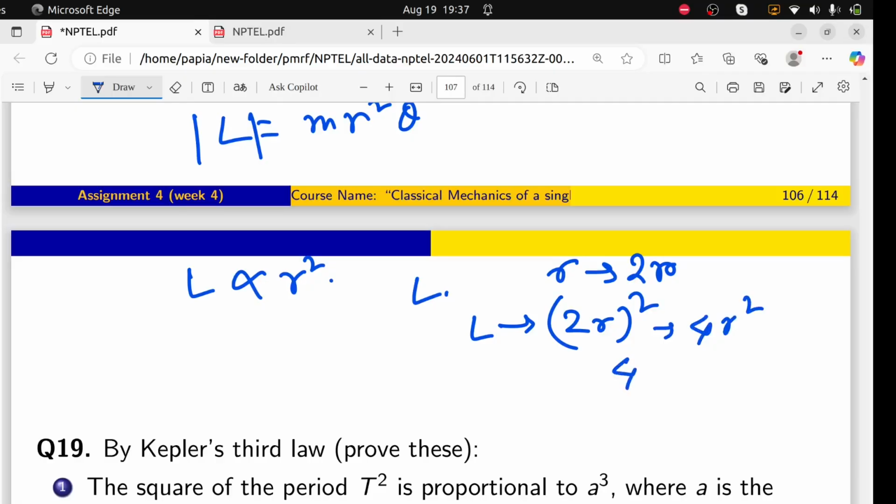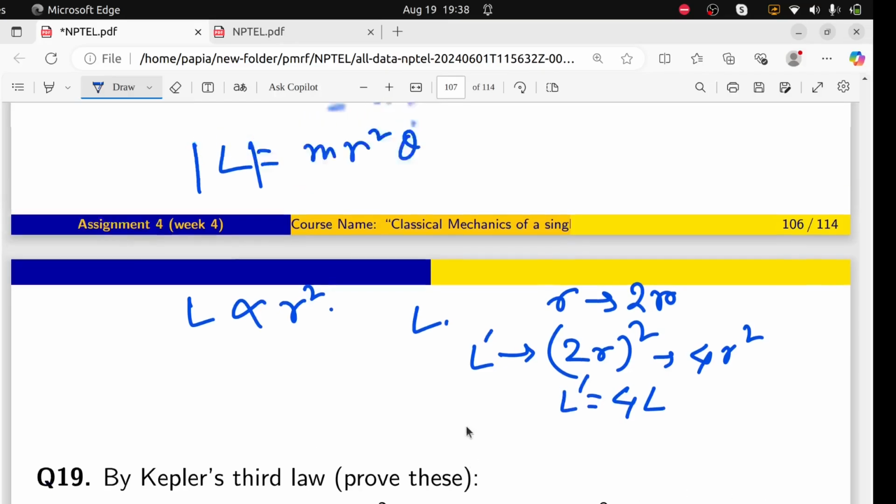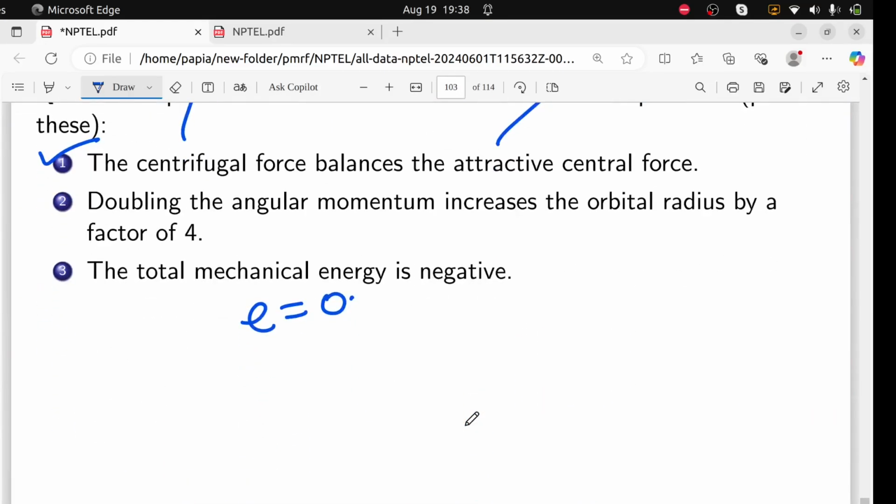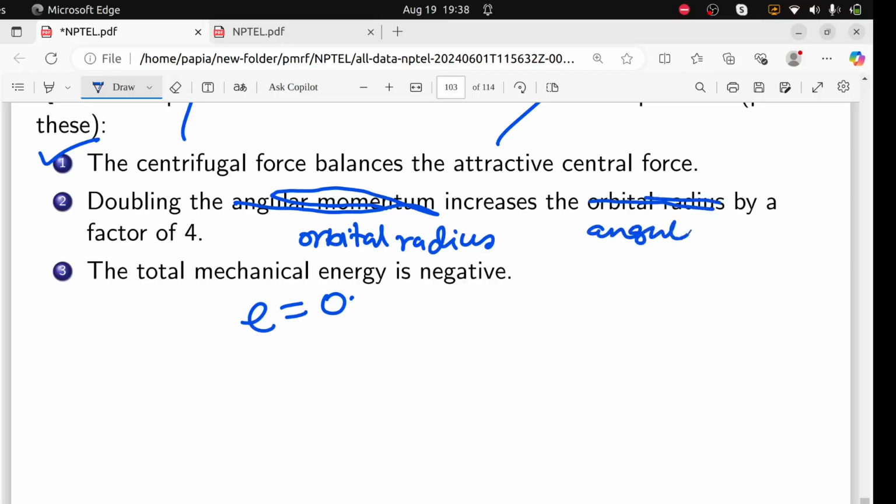That means 4 times our L. So the next question was also to find that doubling the angular momentum increases the orbital radius by a factor. No, actually it will be doubling the orbital radius increases the angular momentum by a factor of 4.